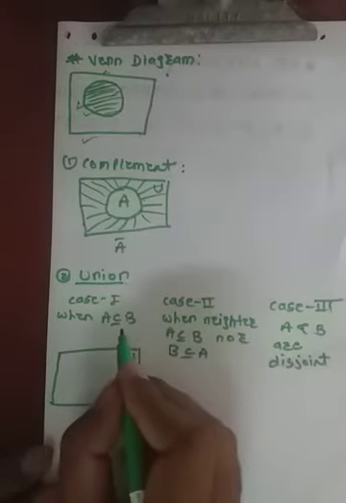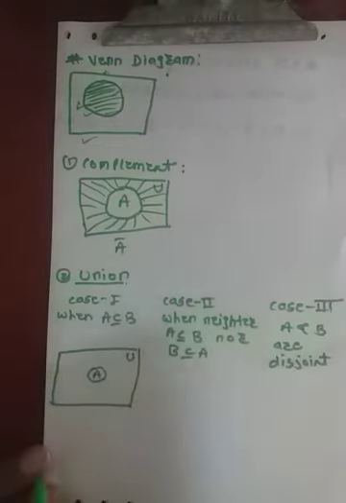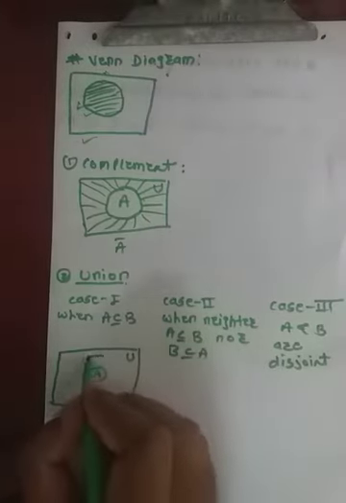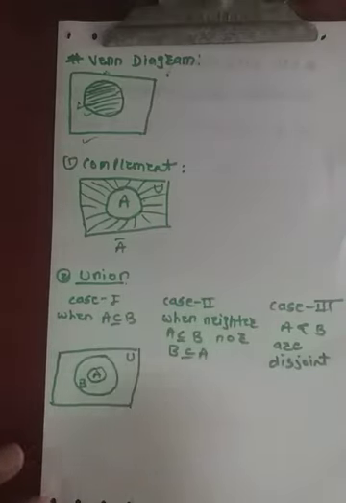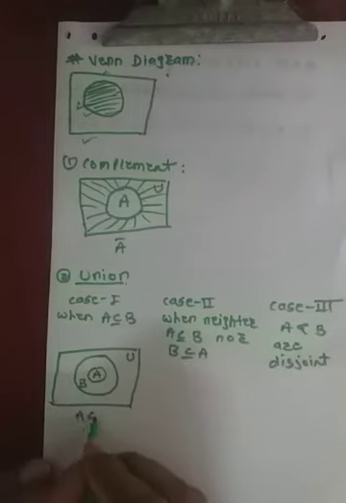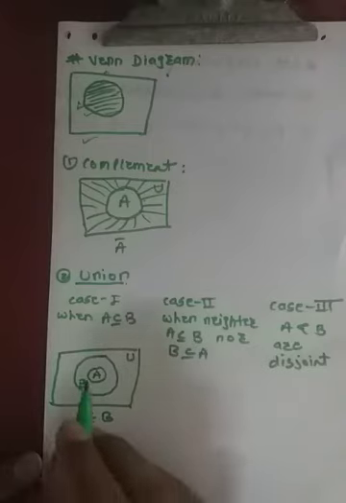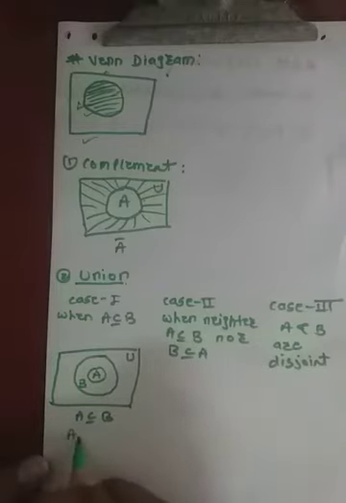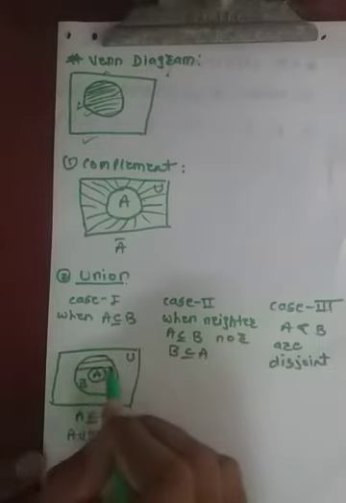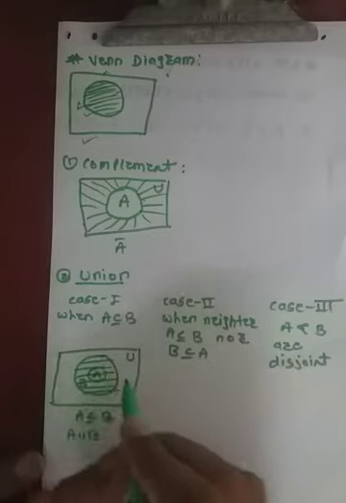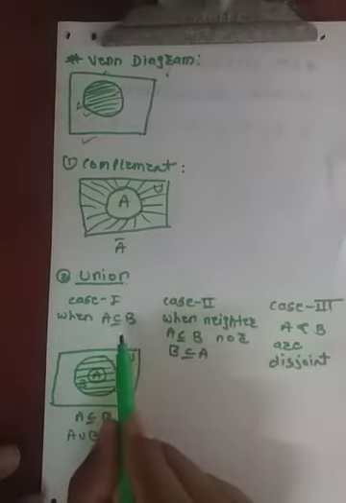A is a subset of B, means this is our set A and this is our set B. So in that case A is subset of B, and A union B is the shaded portion, this one. This is the answer for A union B if A is subset of B.